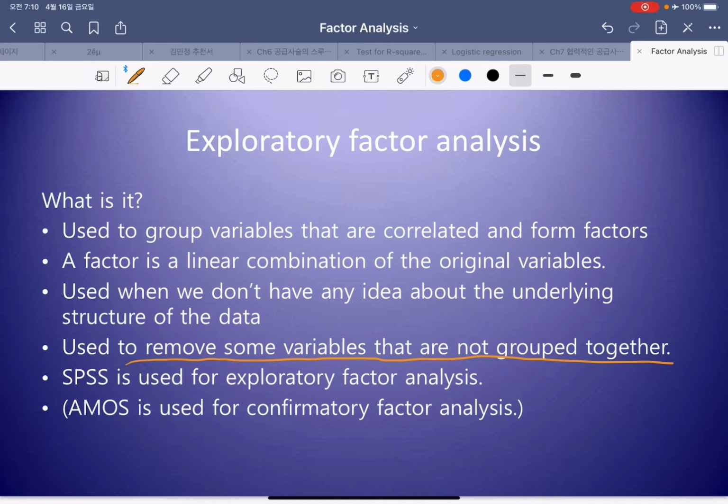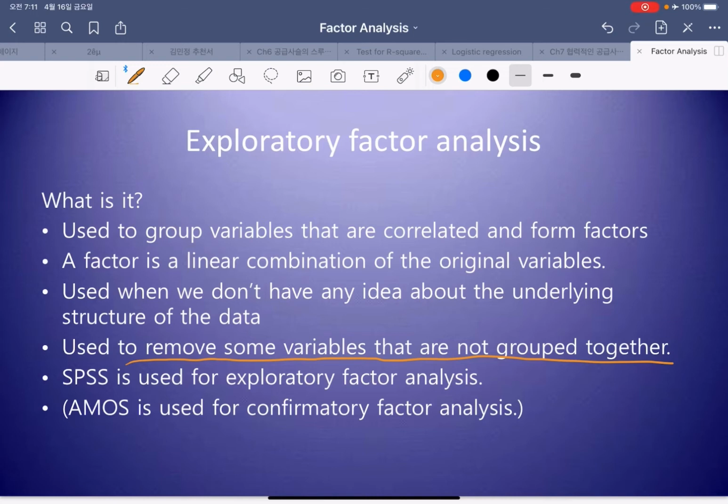So, for example, you create several questions to measure a specific thing, and then you do the exploratory factor analysis, and then you want to find which question is not grouped together to measure that specific thing, right? If you find one, then you need to remove that question for your empirical study.